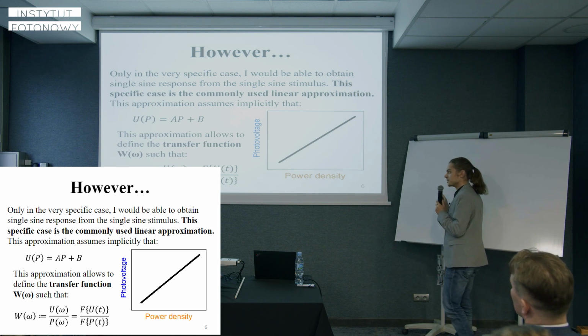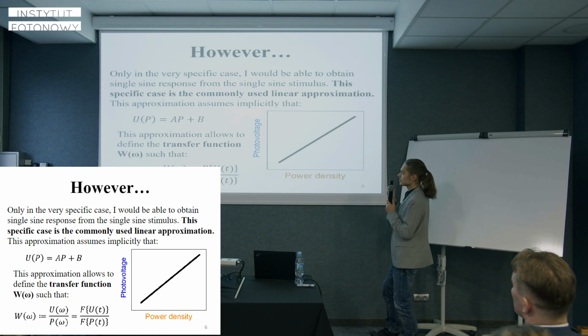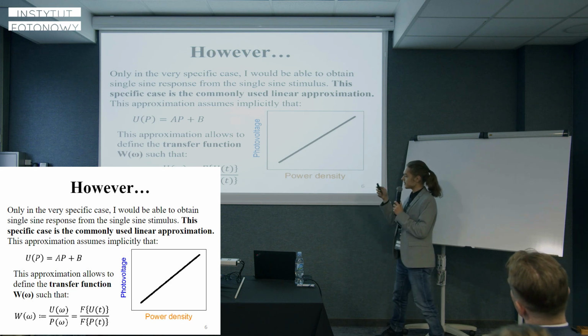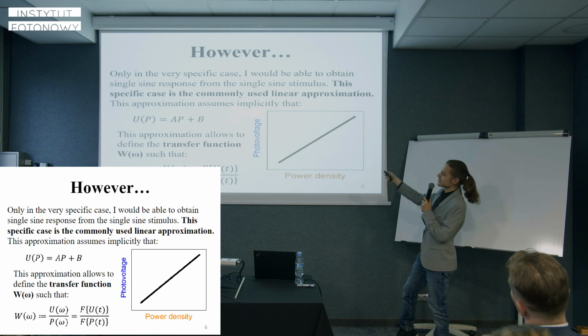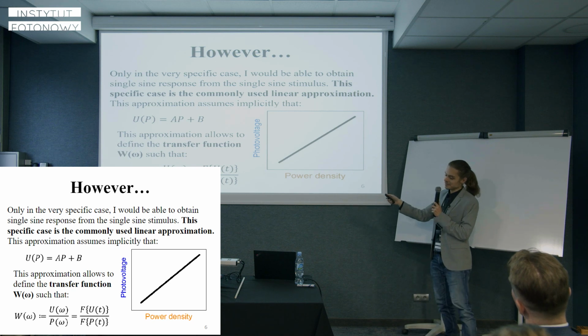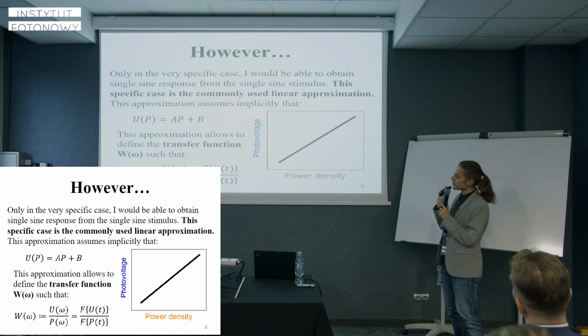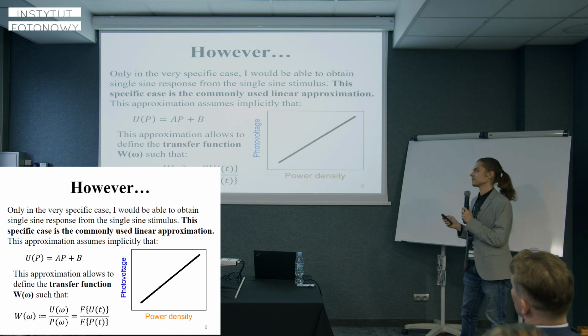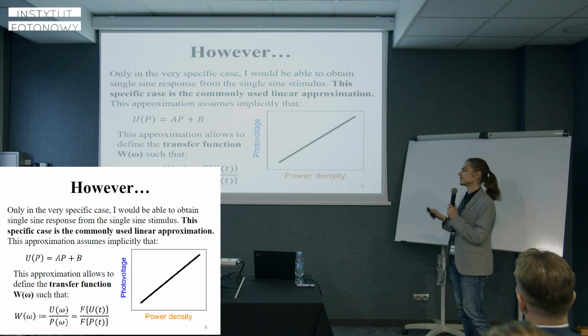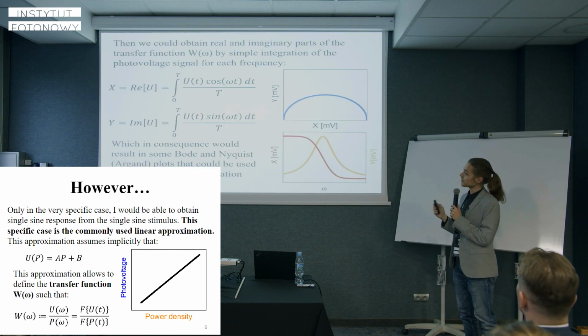However, in order to do this, the relationship between photovoltage and power density would have to be linear. If it is not linear, I cannot define the concept of a transfer function because those definitions are not satisfied.